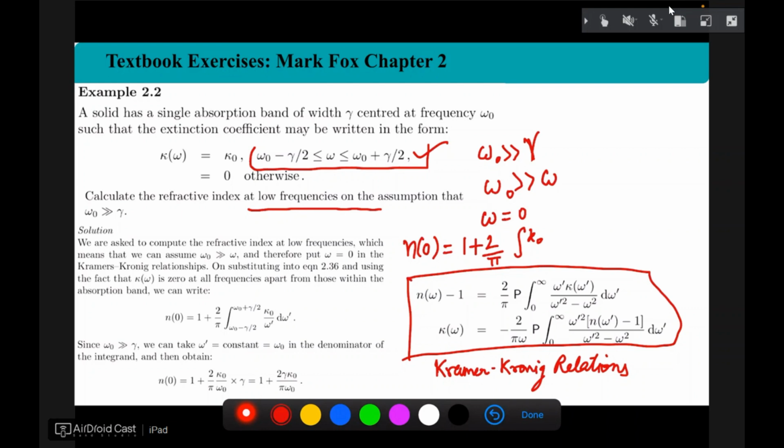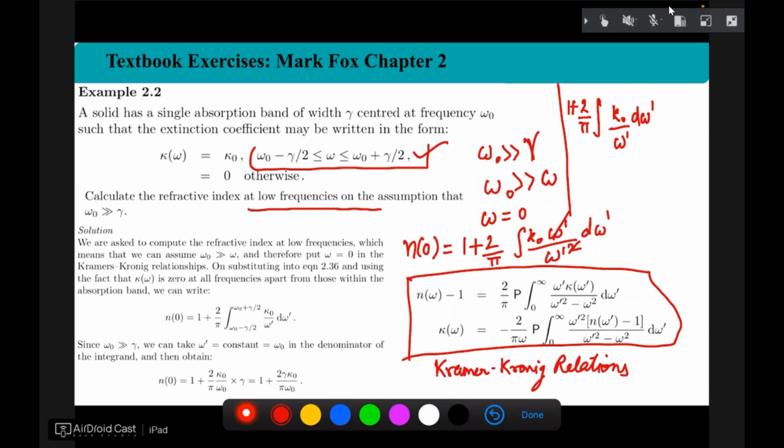Kappa at 0 is kappa naught, and omega prime squared d omega prime; one omega prime cancels. So in the integral part we have 1 plus 2 by pi, kappa naught upon omega prime, d omega prime.